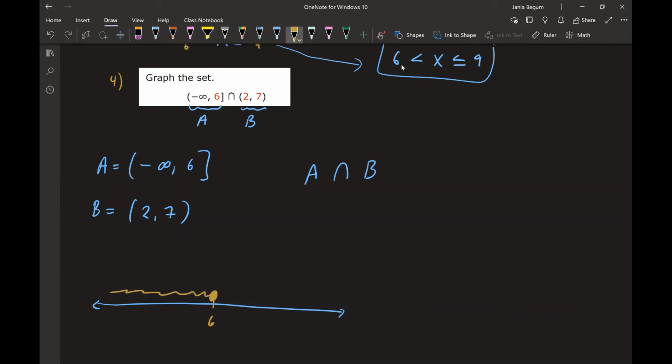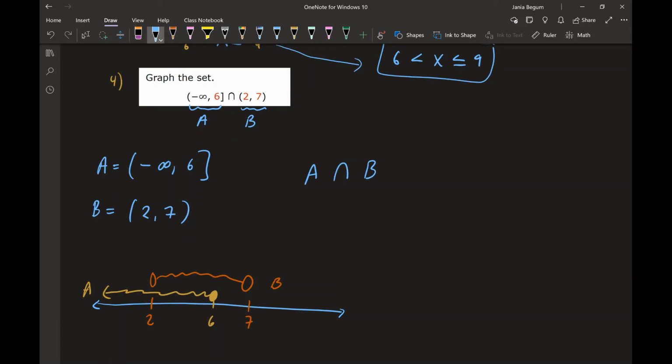So everything to the left is A. That's A. Now what about B? Well, B is from 2 to 7, right? And they're open. So let's suppose 2 is here, open, and 7 is here, open. So that's B.